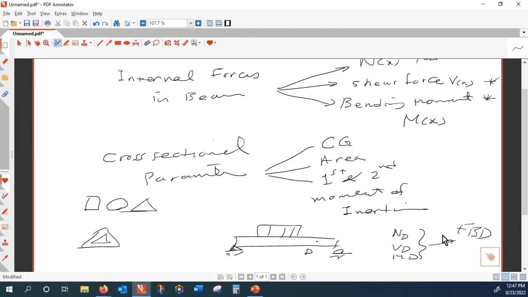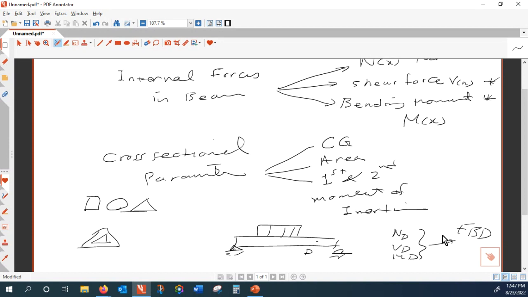The second method is the method of equation that we started last week and continued this week. The method of equation is different in that it classifies the beam into a number of zones, and how many zones is a matter of how the external loads change.